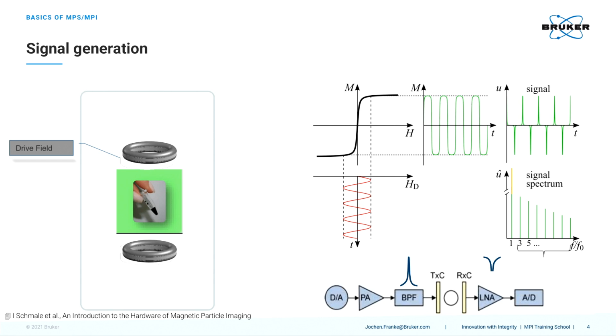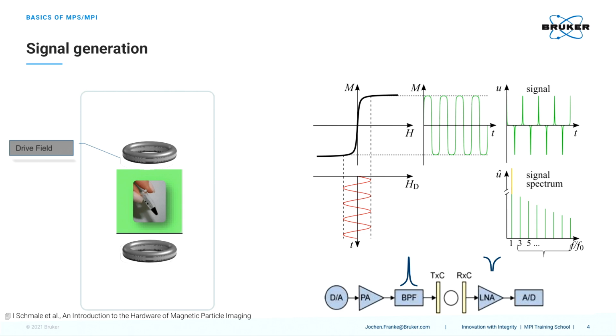This goes to our transmit coil, and then the receive signal, which is the derivative of the magnetization of the particles, will be tapped. But we also have a feedthrough from the transmit to receive, as we need to acquire instantaneously during particle excitation and reception. So this is at the very same time. Therefore, we need to introduce a band stop filter, again tuned to the basic frequency of the drive field.